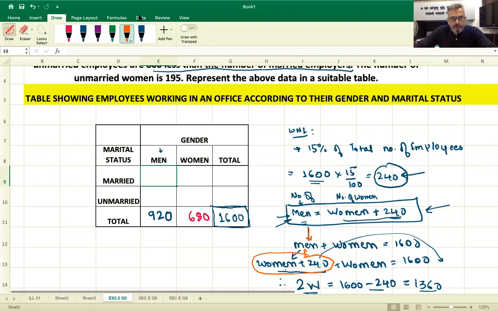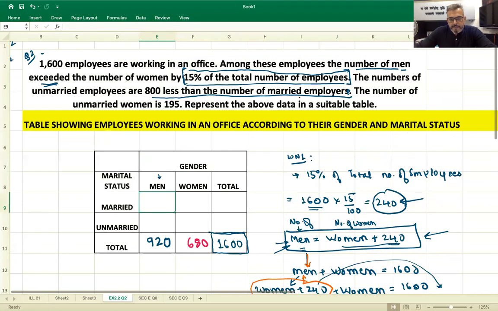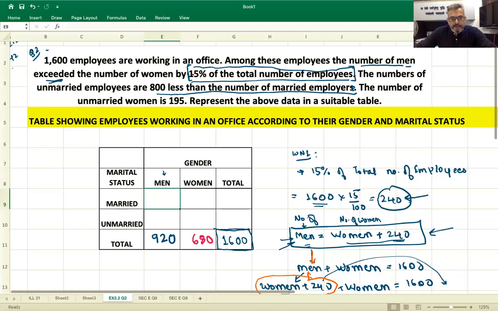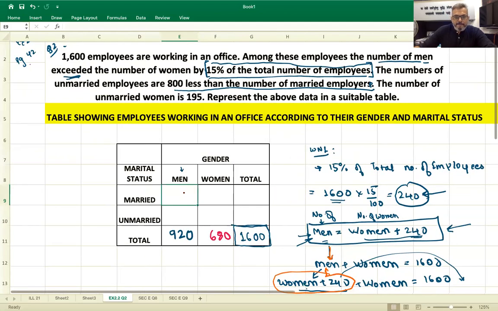Okay. Now let's go to the next statement over here. The number of unmarried employees are 800 less than number of married employees.